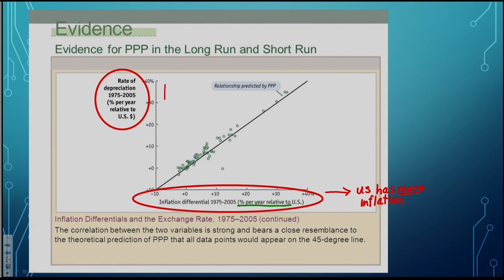And as we move vertically, we have more depreciation of currency. Okay. So, what do we see?